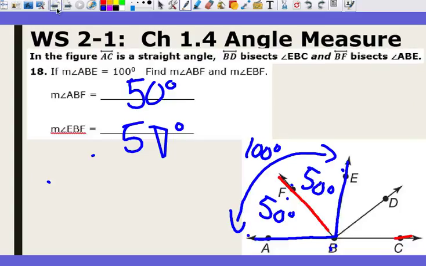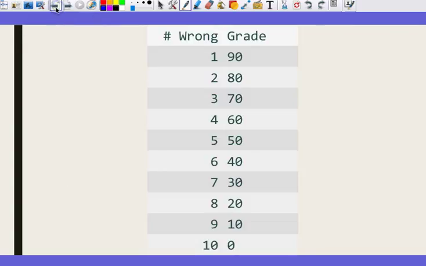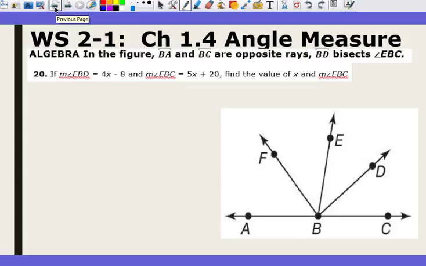So, it says BA and BC are opposite rays. That means they make a straight line. BD bisects EBC.